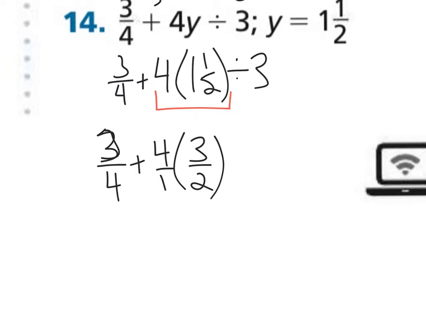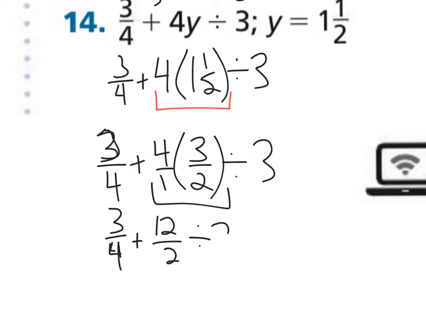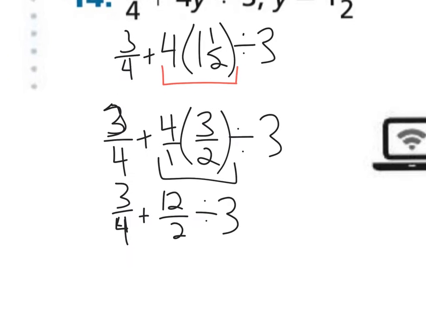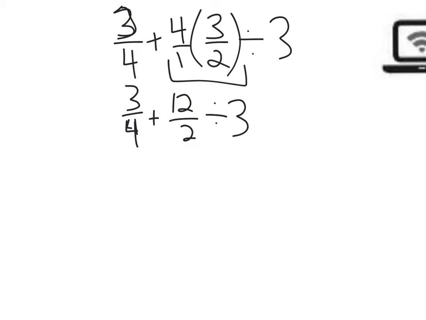The 4 we can put over 1. So when you multiply that, it would be 12 over 2. I'm going to go ahead and simplify that before I go any further, because that'll make things easier here. So 12 divided by 2 is equal to 6.